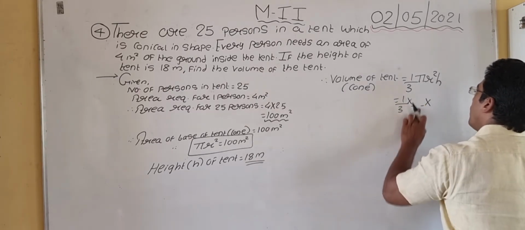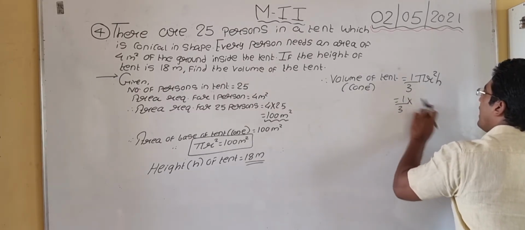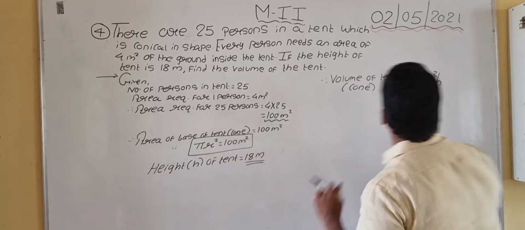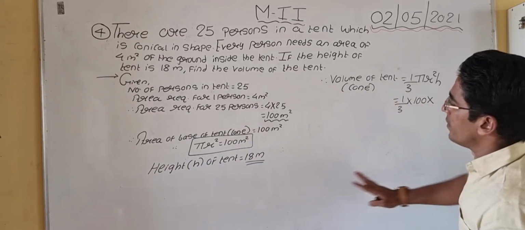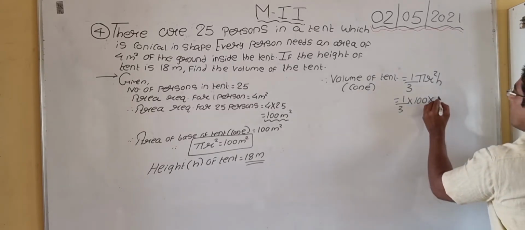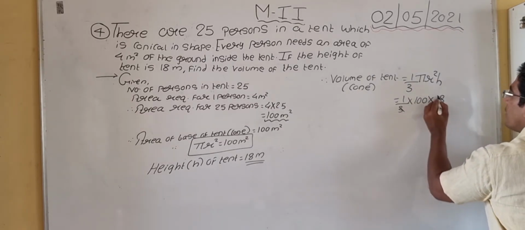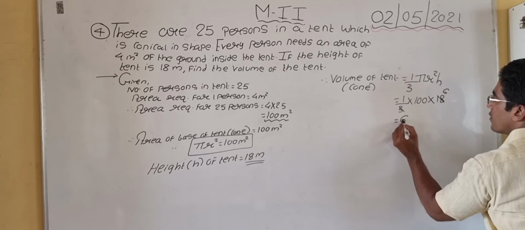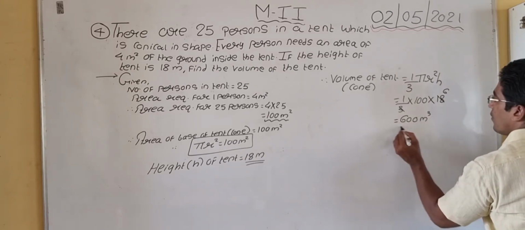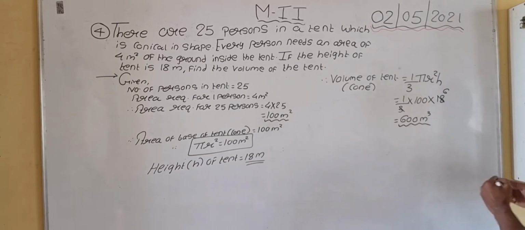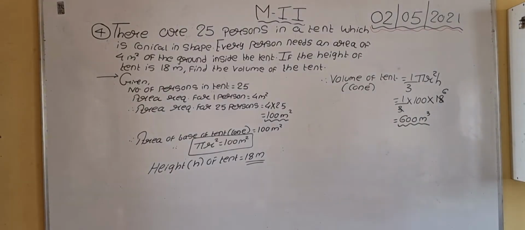We will not simplify the value of pi. Directly we will write the value of pi r square, that is 100. And what is h? H is equal to 18. So the volume of the tent is 600 meter cube.